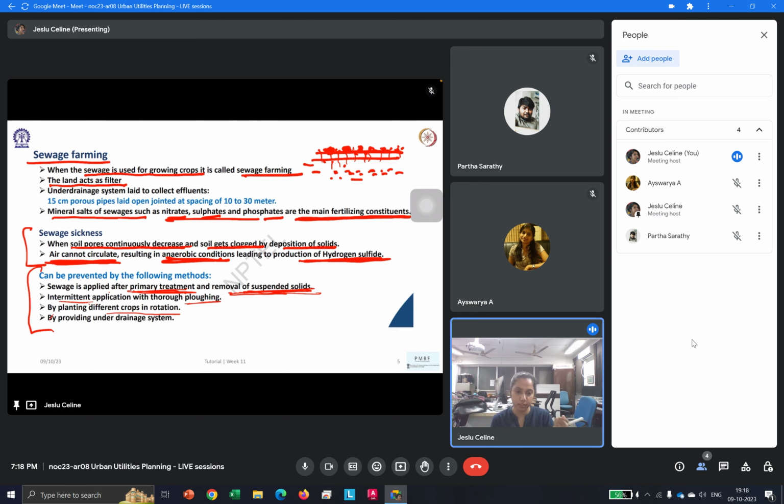You're uprooting certain crops and planting others, so there is some amount of plowing because of that. And also the chemical composition: just one chemical component is not depleted from the soil, so you can make use of other chemical components also. So crop rotation also helps in avoiding sewage sickness.